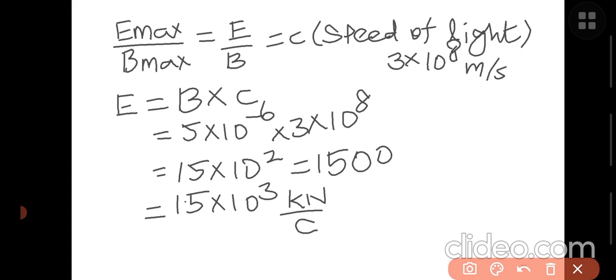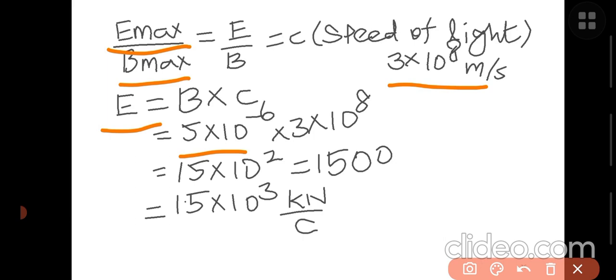Again, there's another formula. We are familiar with the previous problem. E max divided by B max, which is equal to E by B, which is equal to C. C is the speed of light, which is 3 into 10 to the power 8 meter per second. From this equation, we can find E equal to B times C, where B is the magnetic field, which is given by 5 into 10 to the power minus 6, and C is considered as 3 into 10 to the power 8.